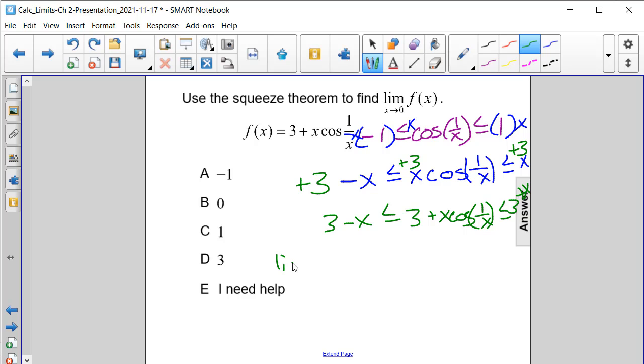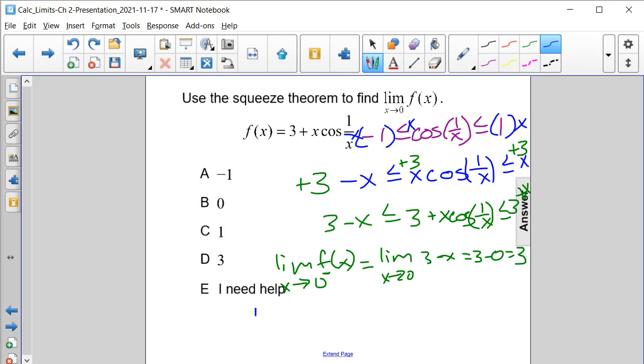So if we do the limit of f of x as x approaches 0 from the left, we are going to have the limit of 3 minus x as x approaches 0, which is going to be 3 minus 0, which is equal to 3.